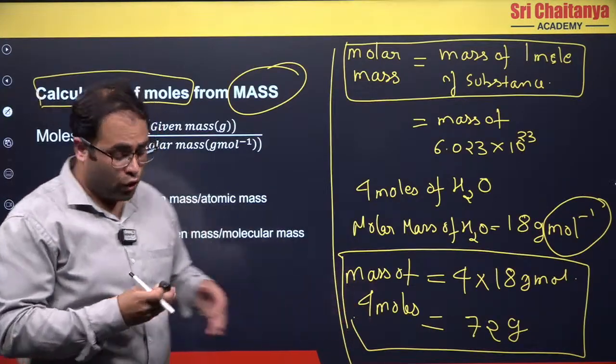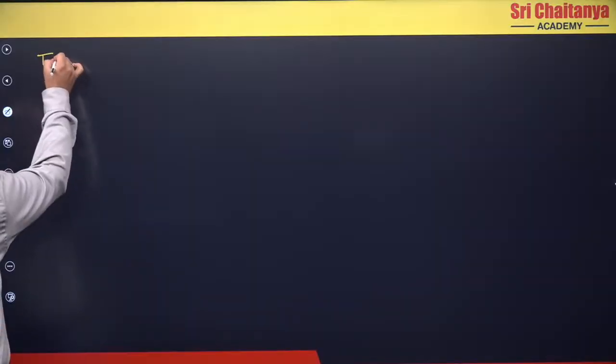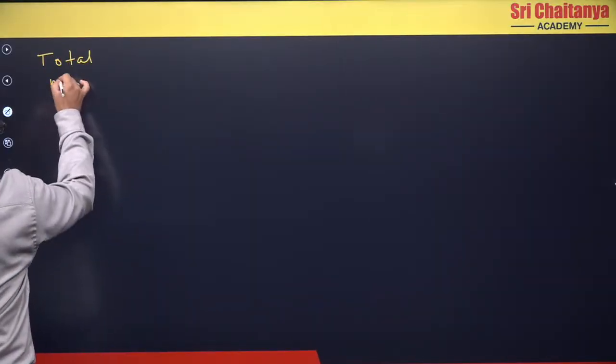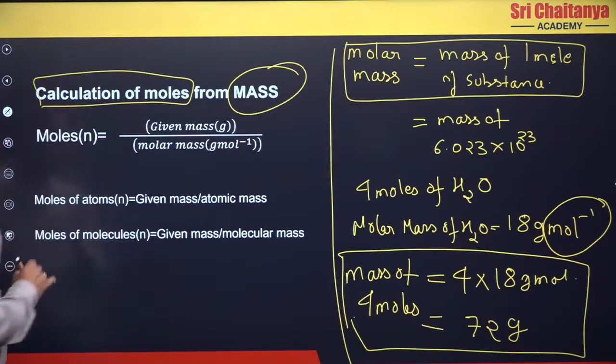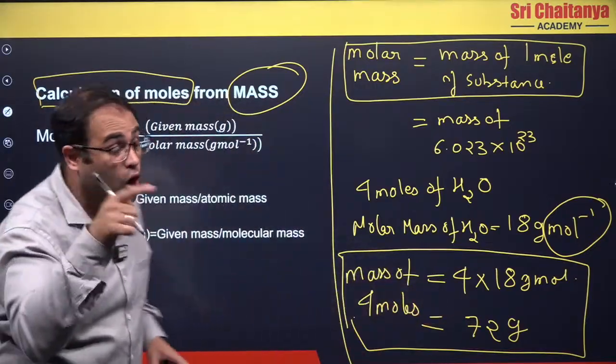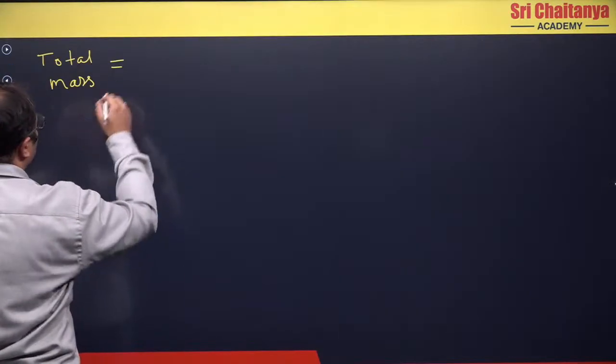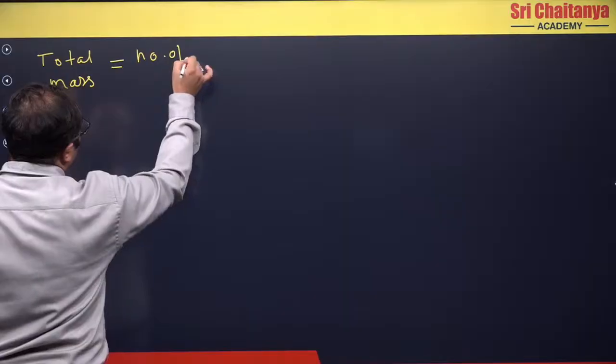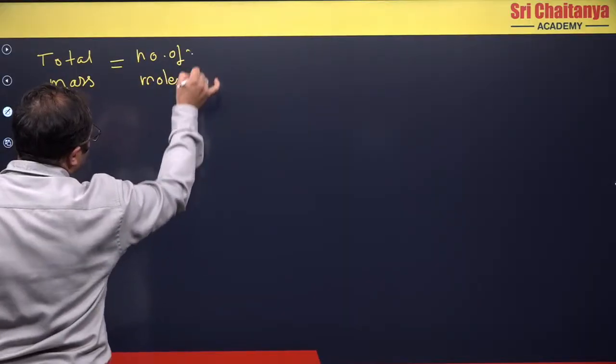So mass of 4 moles, I will write that as your total mass. Here 4 was number of moles. So that will be your number of moles.